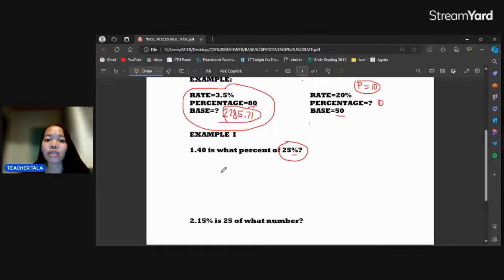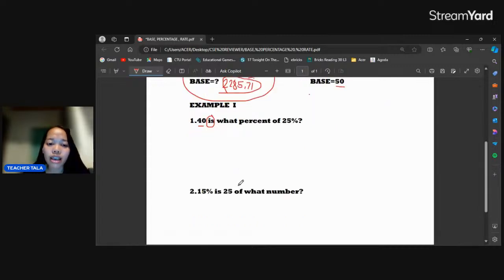I'm going to give you some clues. Kapag ang number is malapit sa is, that means that number is a percentage.